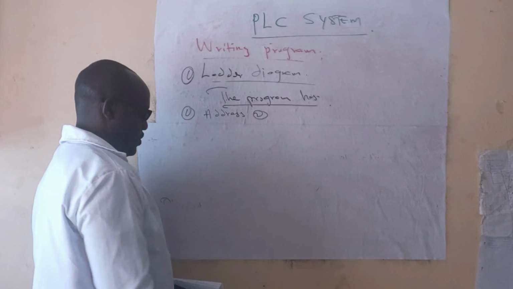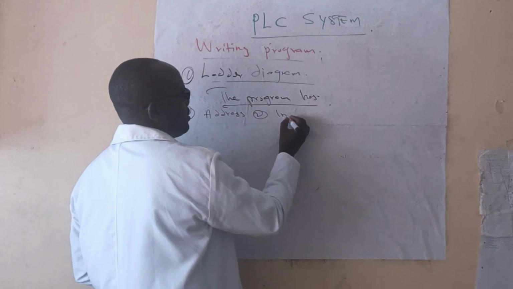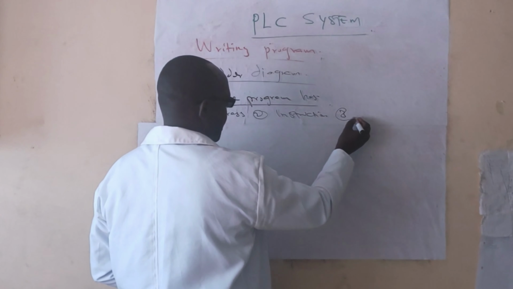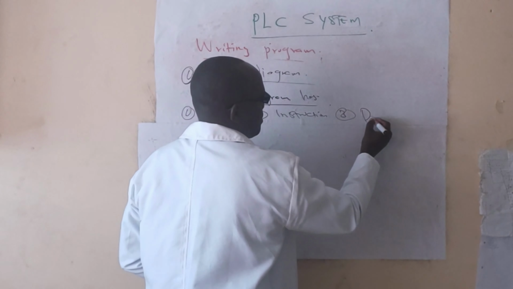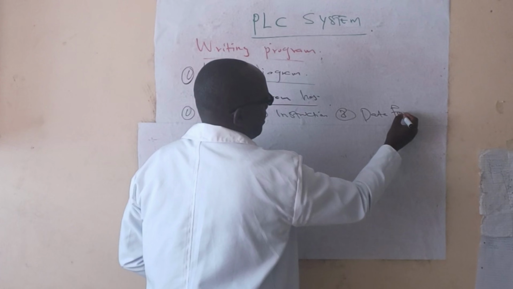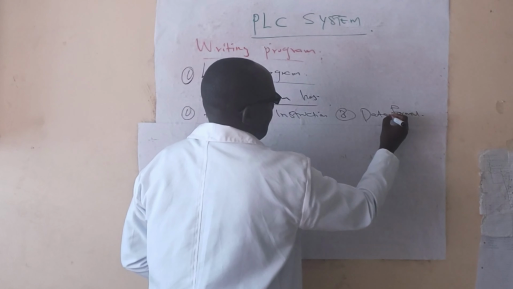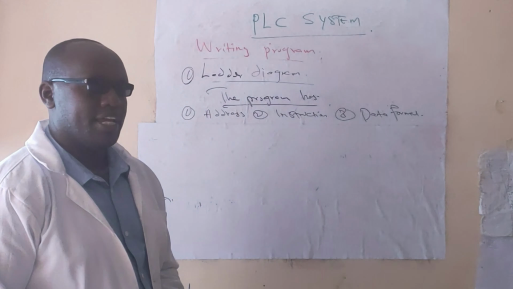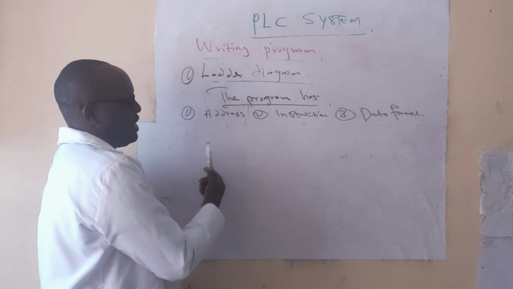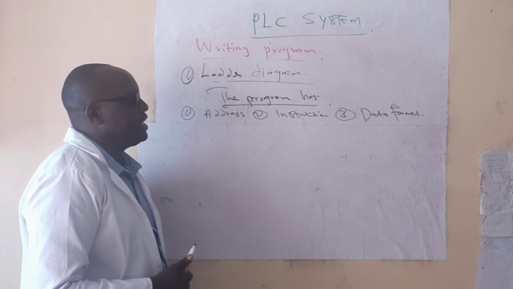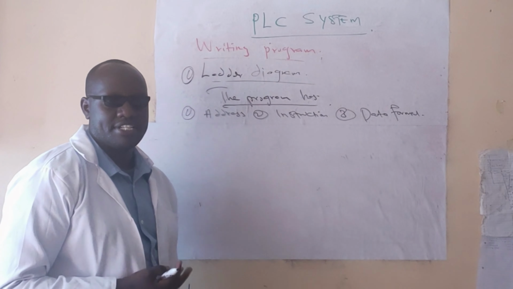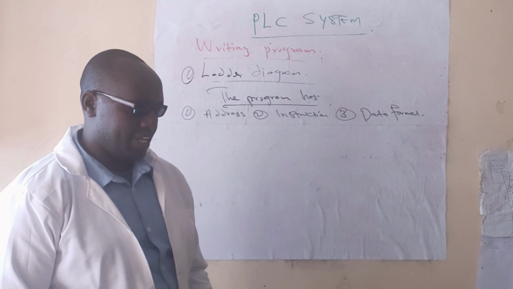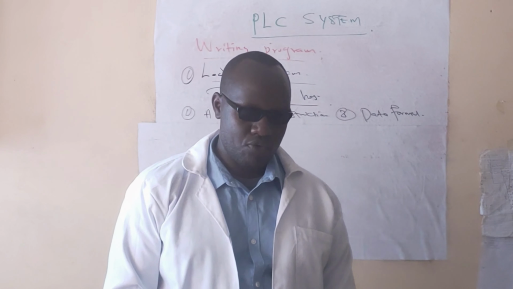Two, it has what is known as the instructions. And lastly, three is what is known as the data format. So any program in PLC has to have an address, instructions, and a data format.